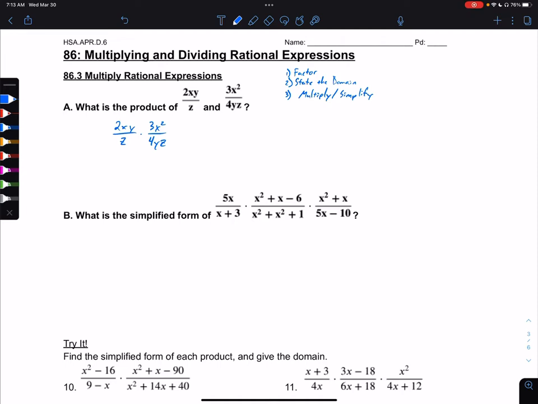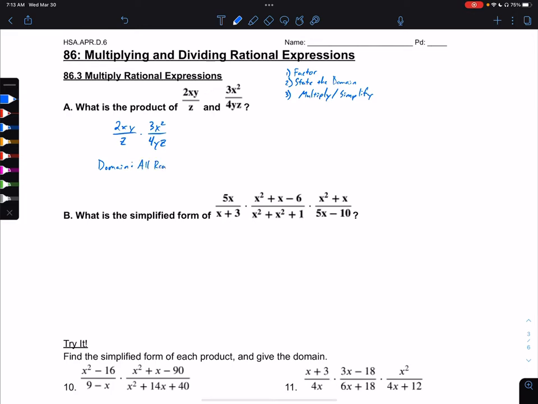So here, if we look to factor, each numerator and each denominator, the 4 total pieces, are all monomials, and we cannot factor a monomial. Okay, we can't factor a single term. So the next thing we're going to do is we will just state the domain. So the domain here, there's no x in the denominator, so I don't have to worry about x.